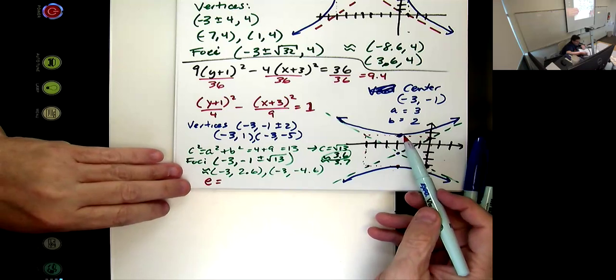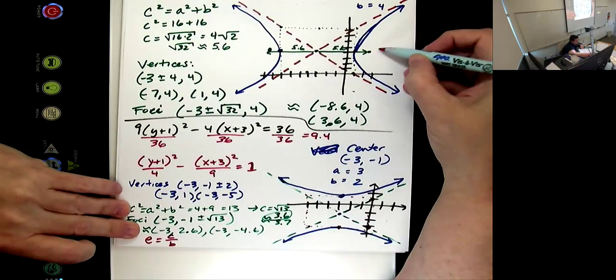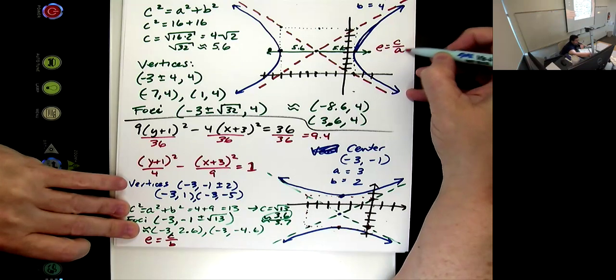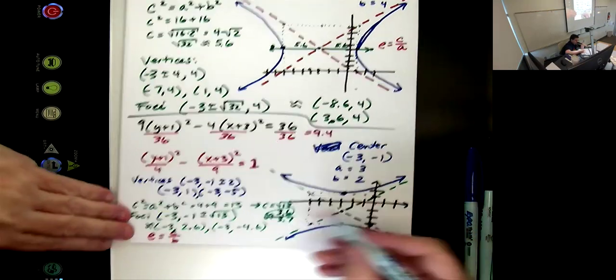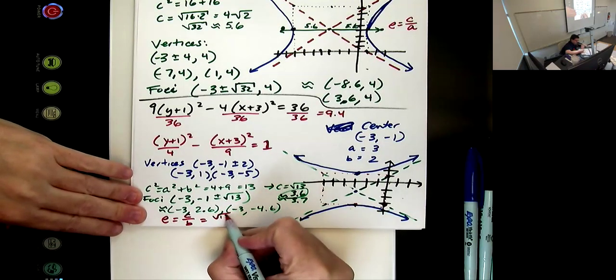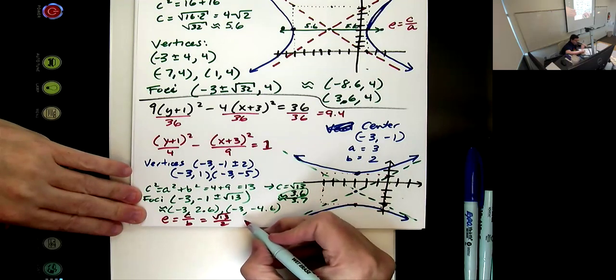And I didn't mention above, what is eccentricity here? C over B, right? For this one, it's C over B. What is it for this one up here? C over A. Whichever one it opens along, we're gonna use that letter. So here we've got the square root of 13 over 2, about 1.8.